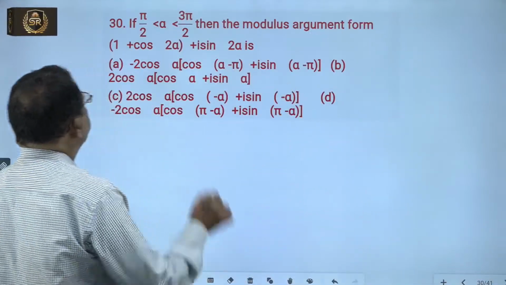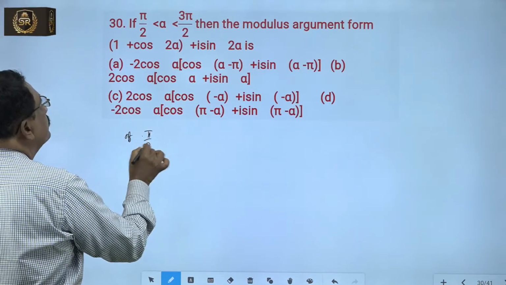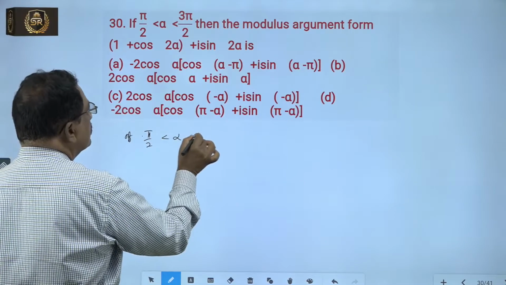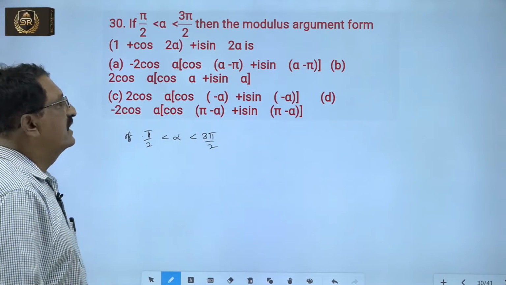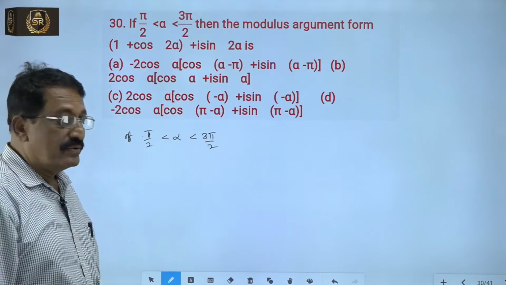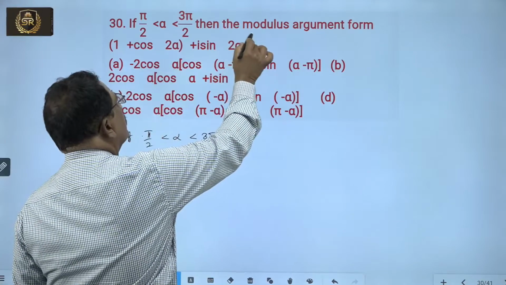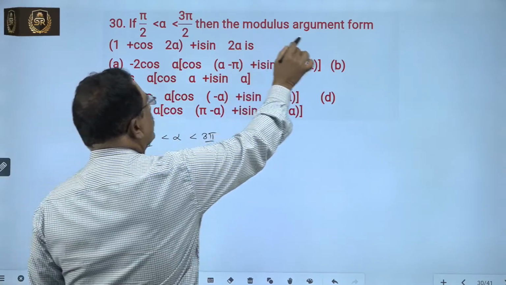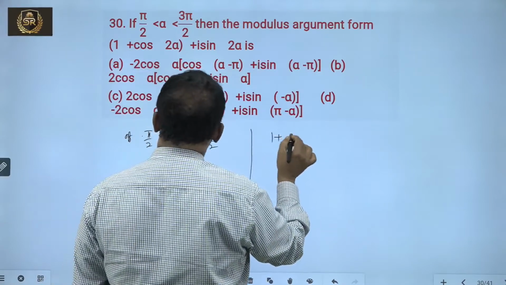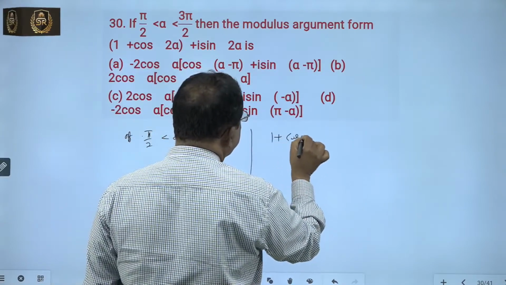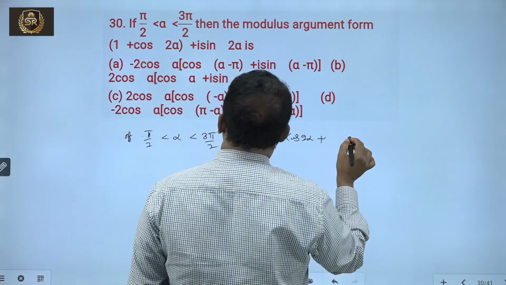Next, if pi by 2 is less than alpha less than 3 pi by 2, means alpha lies in the second quadrant or third quadrant, then the modulus argument form of 1 plus cos 2 alpha plus i sin 2 alpha.